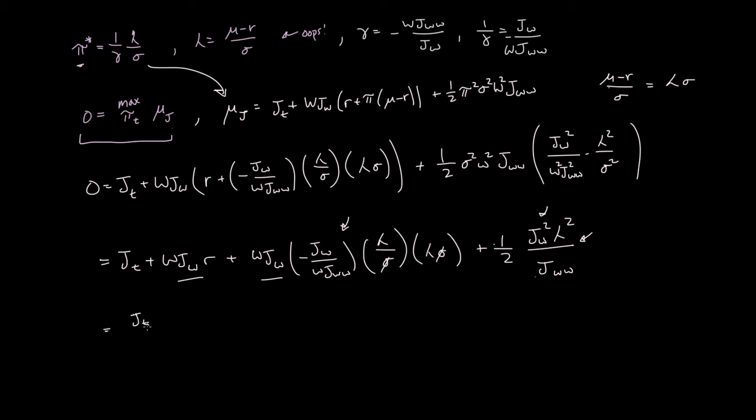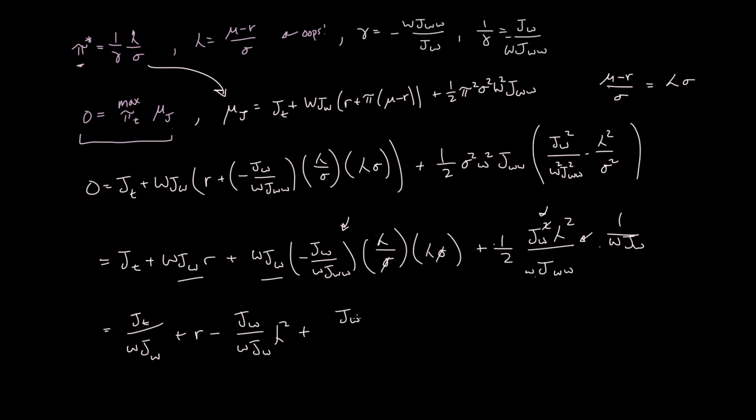So if we write this as J_t over W J_W plus r, plus that goes away, we are just left with, I guess this is minus, plus r minus J_W over W J_WW lambda squared, everything else canceled. Now over here we said we want to make this look like this, and we did. So if we divide this by W J_W, we're going to cancel one of these and we're going to add a W down here. So that'll be perfect.